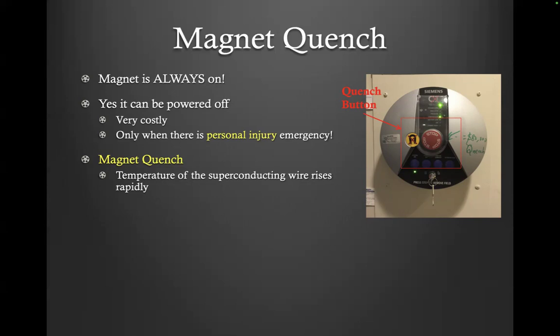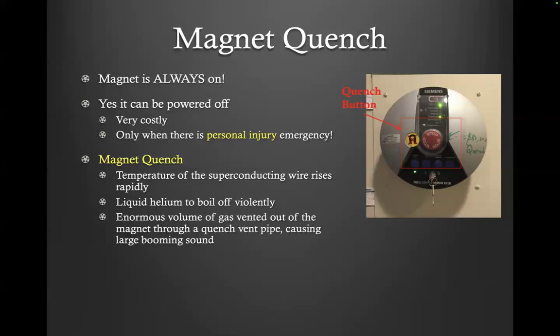If you do a magnet quench, the temperature of the superconducting wires will rise rapidly so that you can create resistance and reduce your magnetic field. In that case, because the temperature is going to rise, your liquid helium will boil off violently.